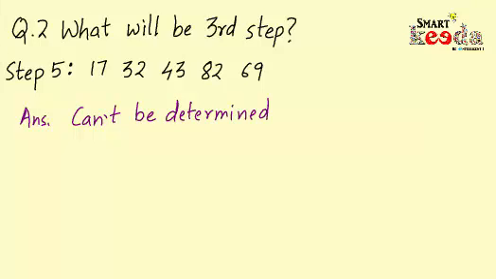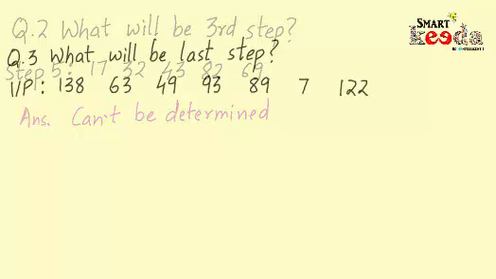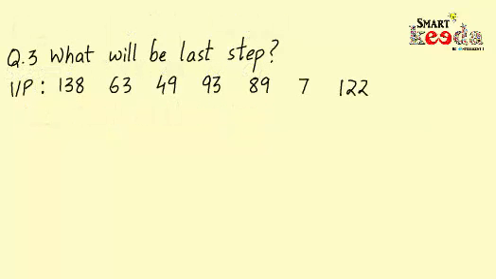We would also discuss the question based on the probable case, in which we need to determine the previous step from the given step. Now we will take the third kind of question based on the same pattern of rearrangement as that of the example which I explained to you at the start of this video. In this question, we are required to find the last step whose input is given as 138, 63, 49, 93, 89, 7 and 122.